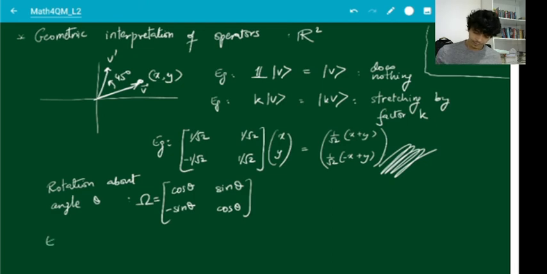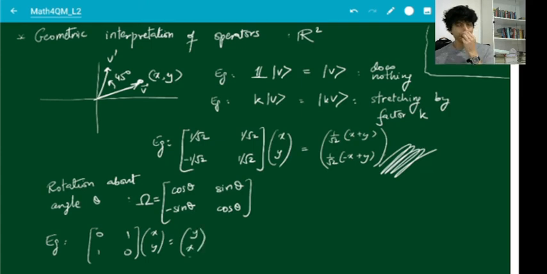Okay. Let's take one more example. What do you think about this operation? 0, 1, 1, 0. What does this do? So if I operate this on some point x, y, I will get y, x. So it flips the x coordinate and the y coordinate. So what this operation actually does is, it is a reflection.